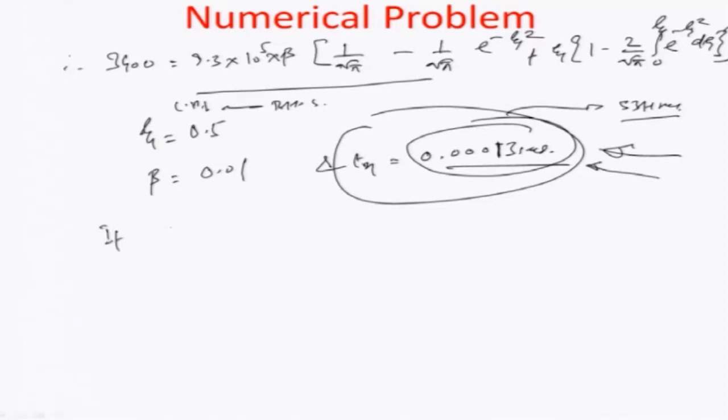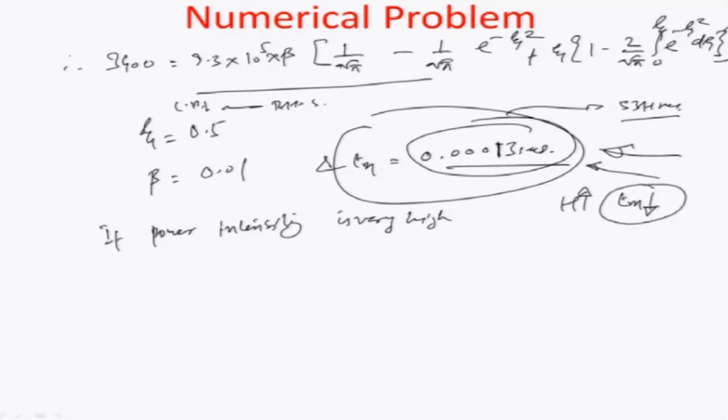So if let's suppose the power intensity in this particular case H is very high, of course because of a higher H, the Tm should reduce, and if the Tm reduces, then you have this value of zeta here, which has been estimated to be 1 by 200 beta root of 0.79 Tm.